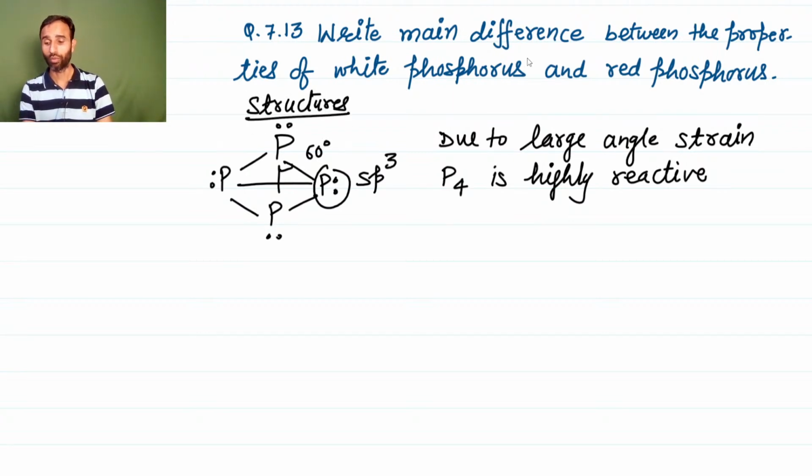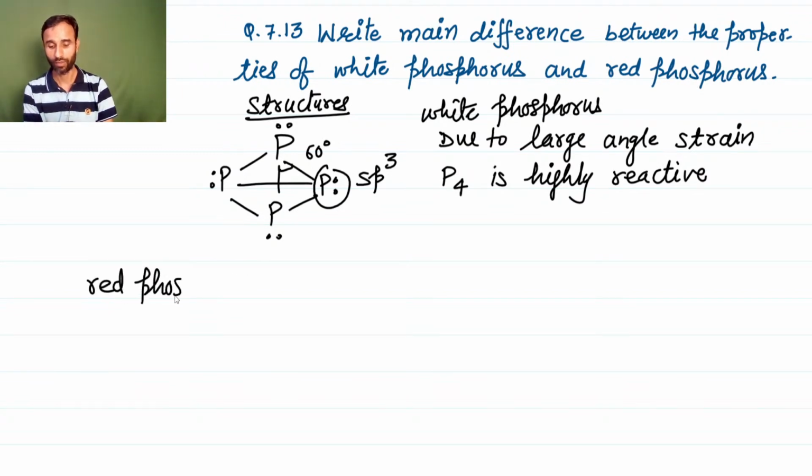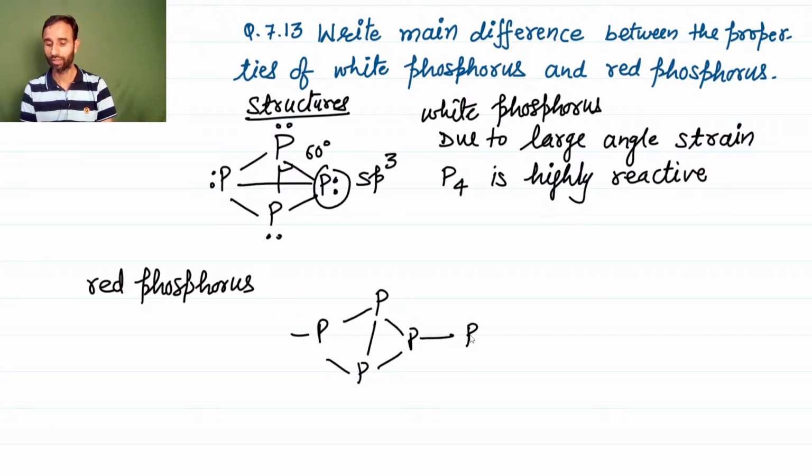So white phosphorus exists as discrete P4 molecules, but in red phosphorus, this is about white phosphorus. Okay, in red phosphorus, if you see its structure, in red phosphorus again there are P4 molecules, but these P4 molecules are joined together by single bonds.